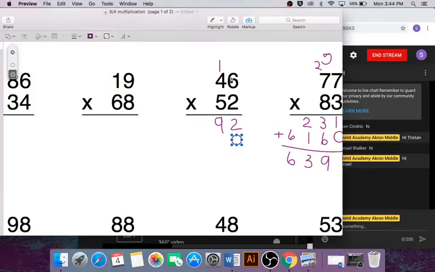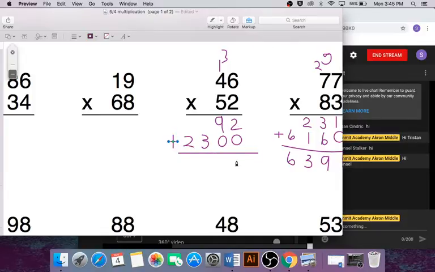We start with 5 times 6, which is 30. So we put down the 0. We carry the 3. We have 5 times 4, which is 20, plus 3 is 23. And we add them together.